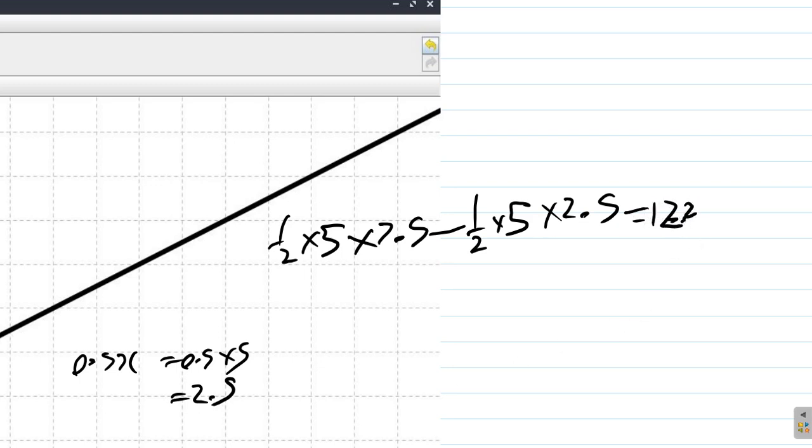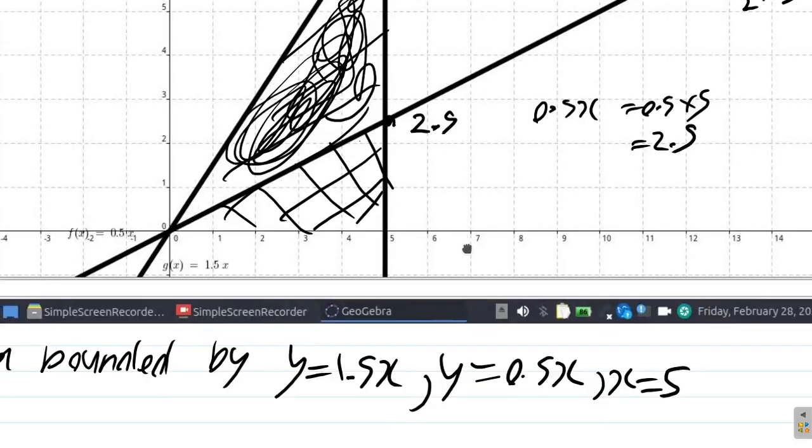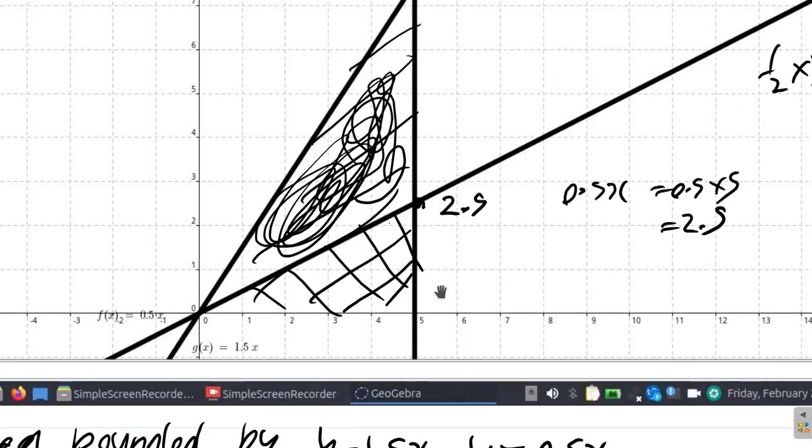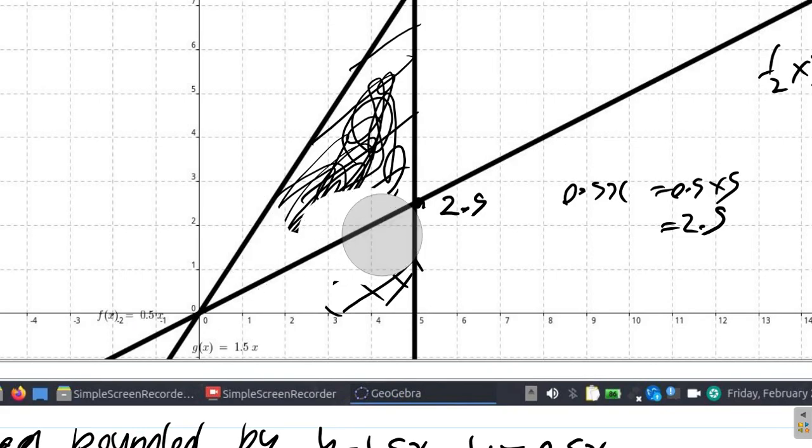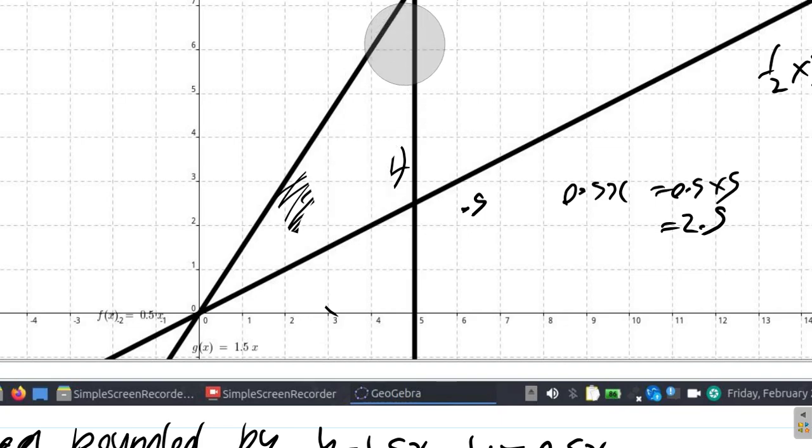Let me rewrite that, 12.5 square units. But anyway, what we want to do is use double integration. Want to use double integration to find it.